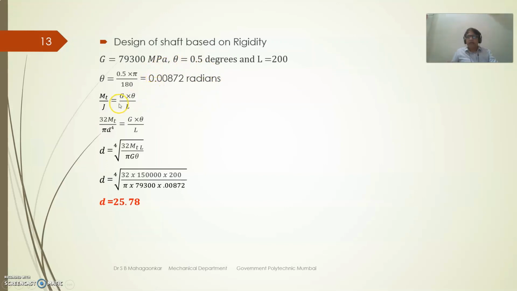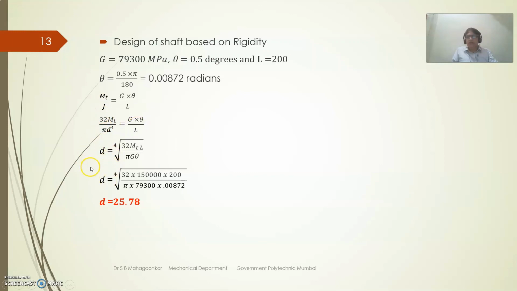Here MT upon J is equal to G into theta upon L, where theta is in radians and L is in millimeter. L is 200, and J is equal to pi d to the fourth by 32.